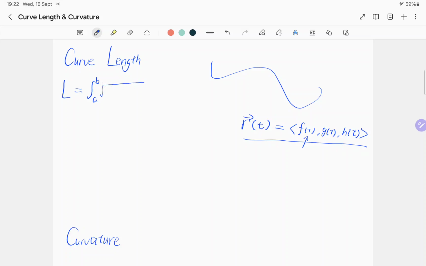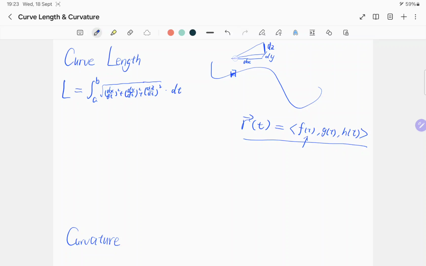We know the length is actually equal to, at a small part, it has a change of dx, a change of dy, and a change of dz. So it is actually the square root of dx over dt squared plus dy over dt squared plus dz over dt squared, times dt.